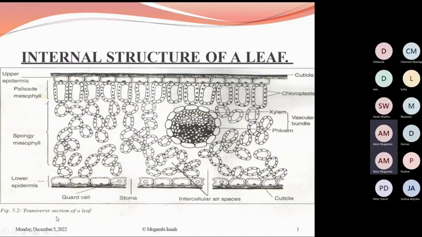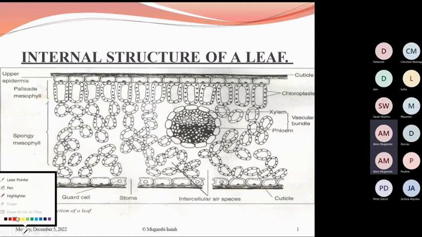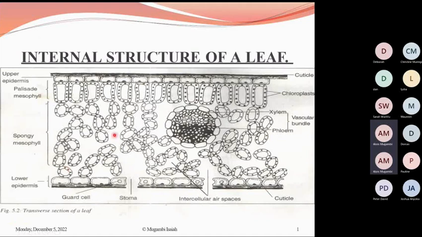So here, more of gaseous exchange takes place, but in the palisade it is more of photosynthesis. Then we have the stoma and the guard cells, which close and open the stoma, as we discussed in Form 2 about gaseous exchange.